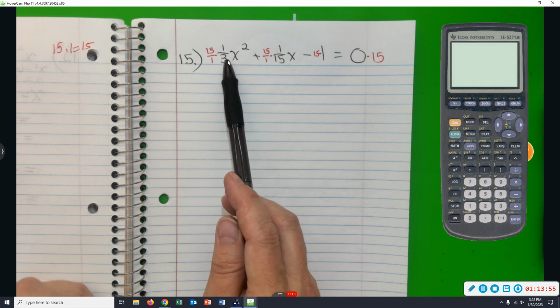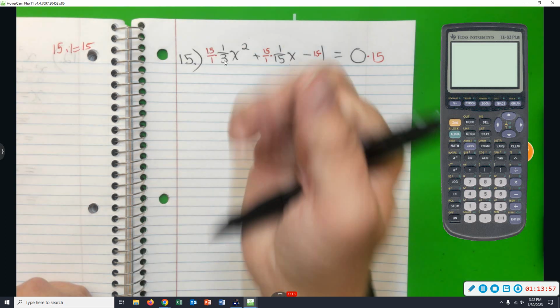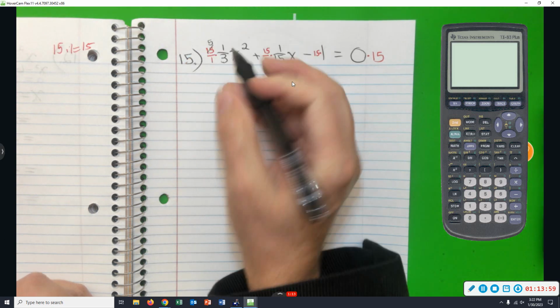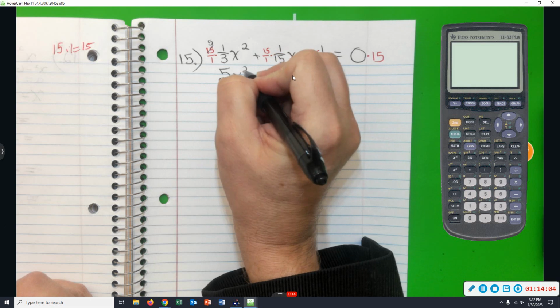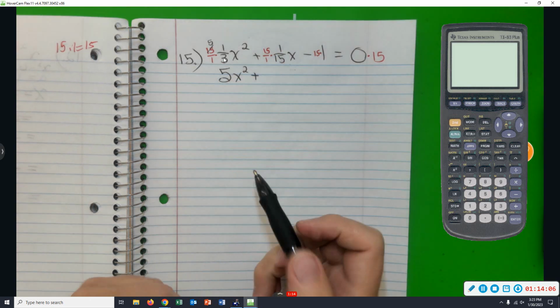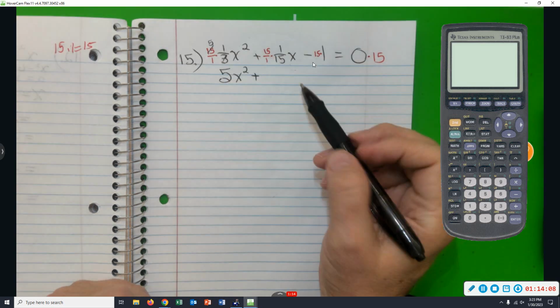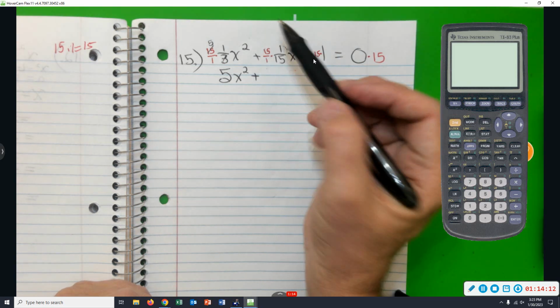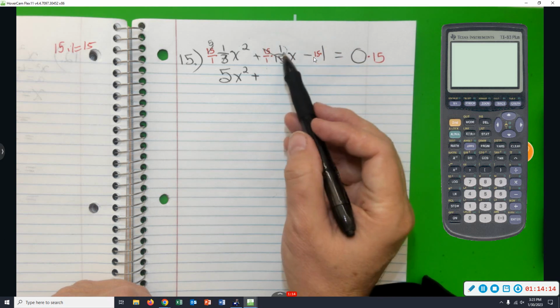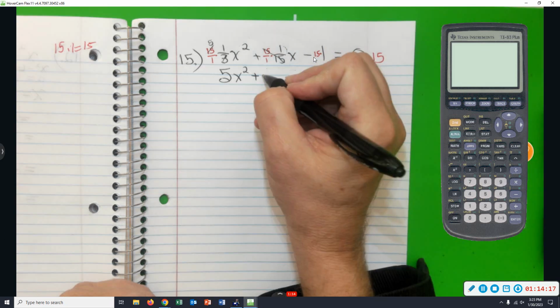Can't you say 3 goes into 15 5 times? 5 times 1 is just 5x squared. Maybe you should mark out the 3. What's about to cancel out right here? And so the coefficient would be a 1x.